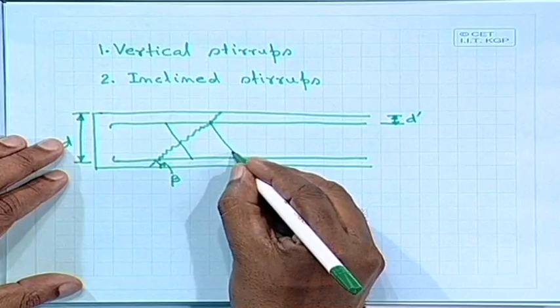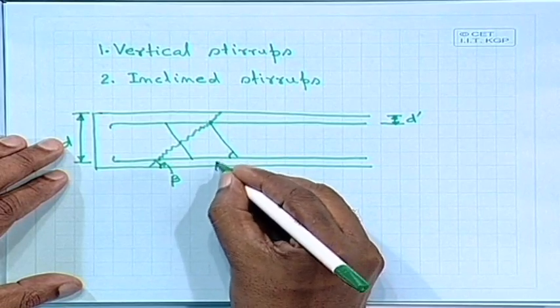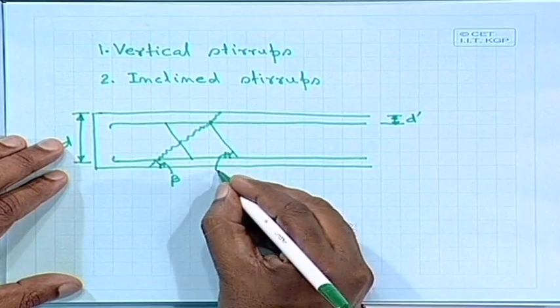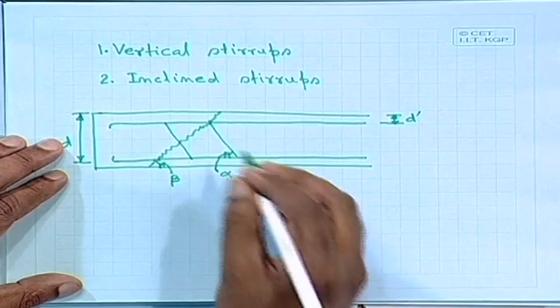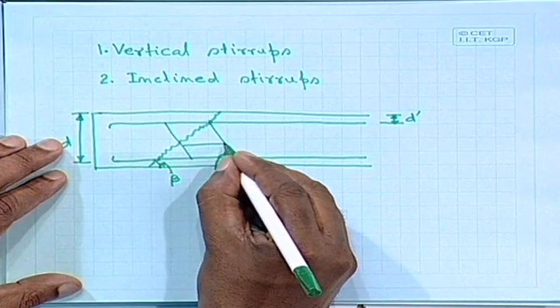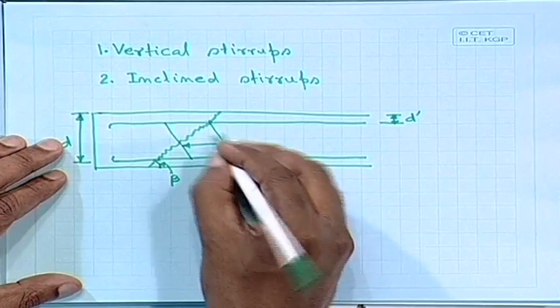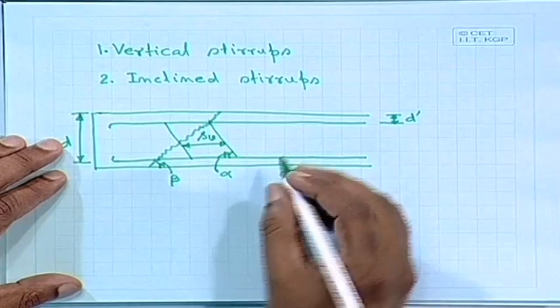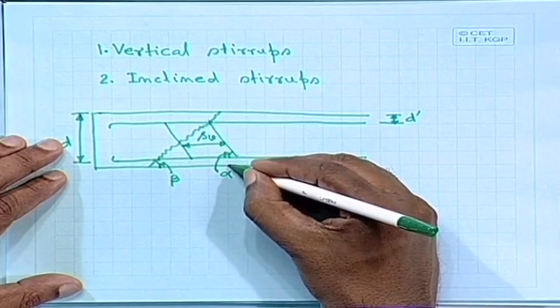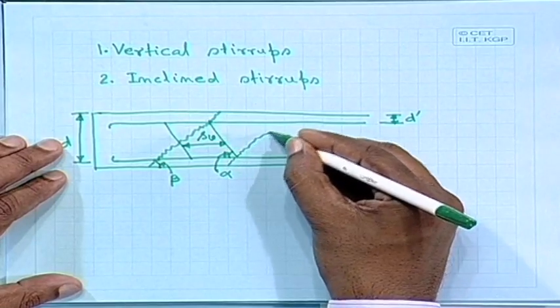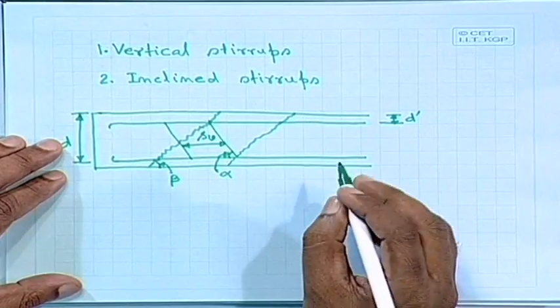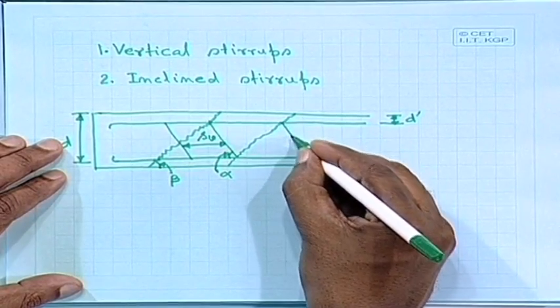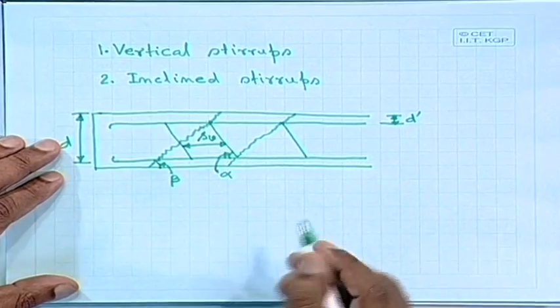And we are providing stirrups at an angle, say alpha. This distance, say SV. So, this is another crack, like that it can go, and we are providing stirrups.